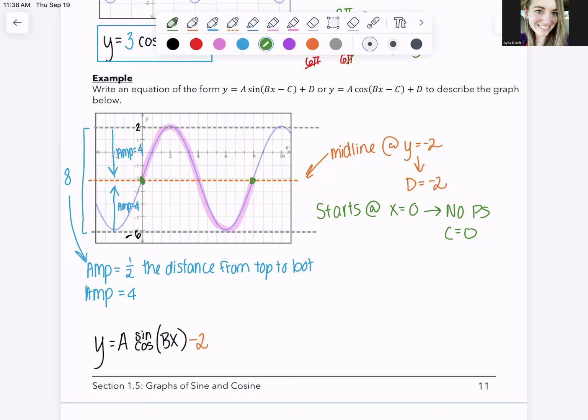So one period of sine is equal to 8 units. Not 8 pi, just 8. And additionally, because of the shape of this, this has to be sine because it starts at the midline, and it has to be a positive a because it goes up first.